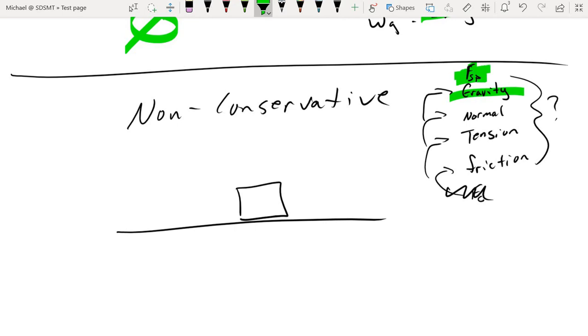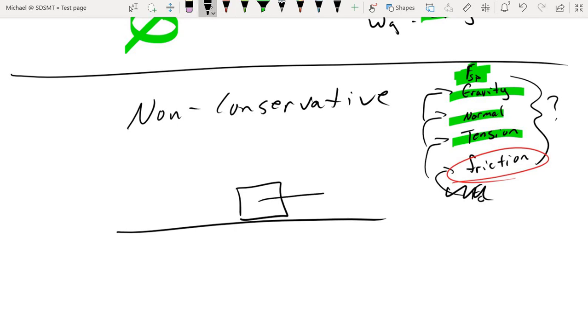I'm going to go ahead and let you confirm the normal force and the tension force, but I will tell you now that they can be conservative. The real question is, what about friction? Is friction a conservative force?